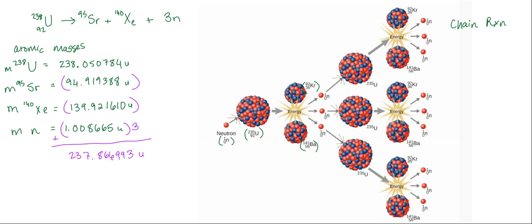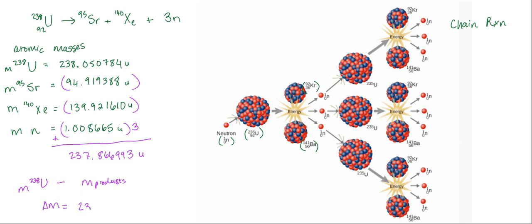Okay, and the mass lost in this process is going to be the mass of uranium-238 minus the mass of the products. And so if I actually write this out, I'm going to have the mass defect, or the difference, or the mass that is effectively destroyed will really just change into energy.